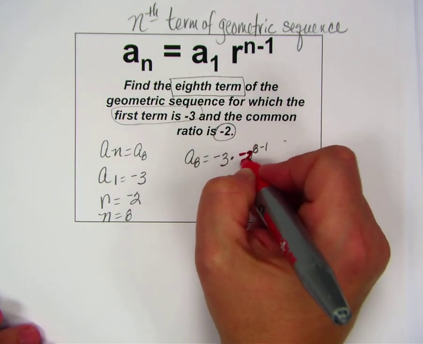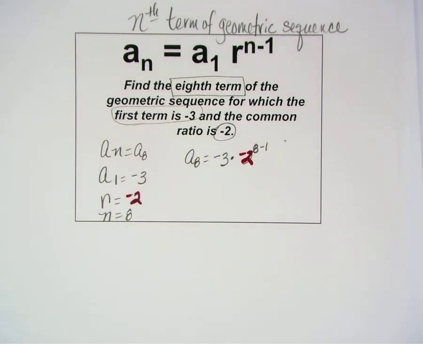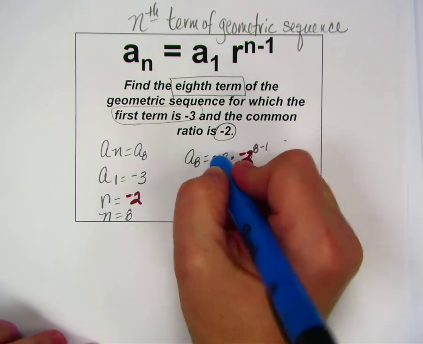Are we supposed to memorize this? You don't have to memorize this formula, but I do want you to know what all the pieces and parts mean.